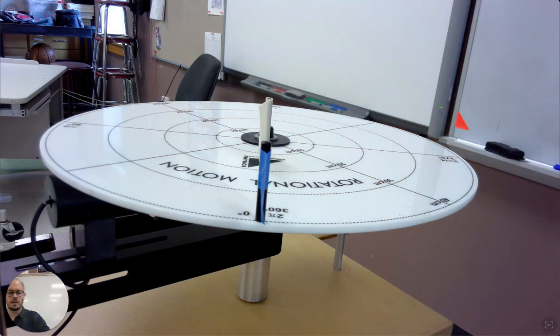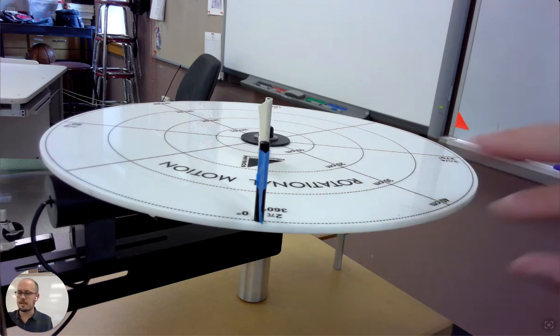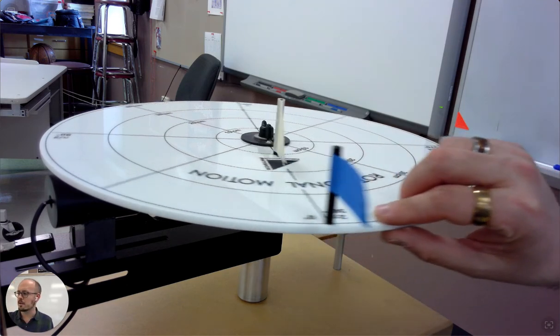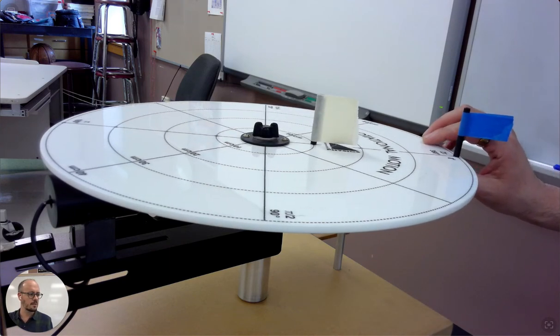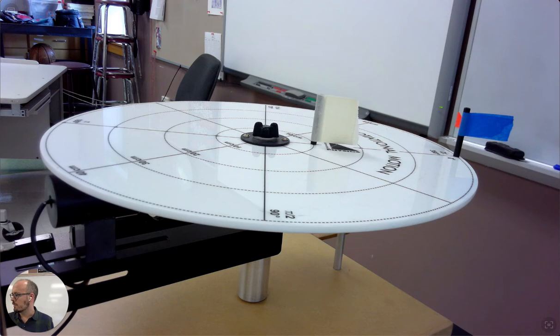And so rotating objects, they rotate by angle is the way that we define their displacement. And we'll write this down in a minute. But if I take this platform and manually rotate it so that now 90 degrees is facing the camera, I have rotated the platform by 90 degrees.